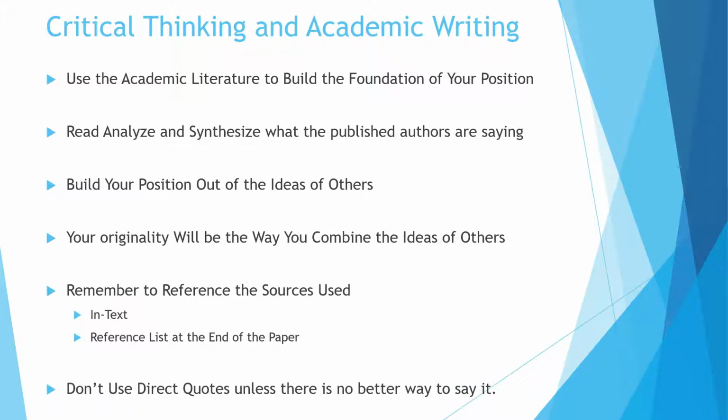Also, generally in academic writing, we try to avoid using direct quotes unless there's absolutely no better way to say it. Paraphrasing is generally much more effective. If you read these articles, you won't see a lot of direct quotes. You'll see a lot of references, but not a lot of direct quotes.